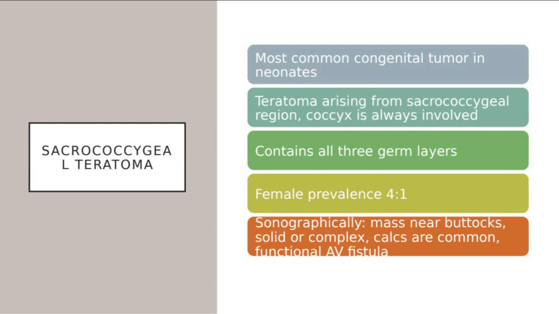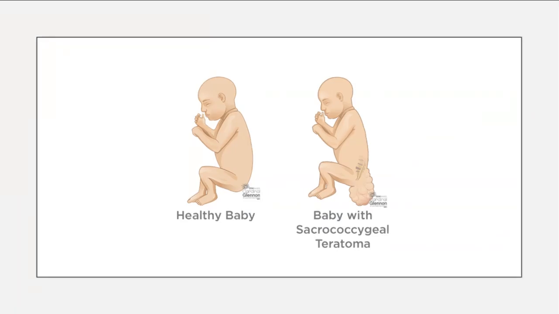And then we also have a functional AV fistula. So sometimes it can affect the vascular supply of the baby's lower legs, and it can also affect the baby's bowel movements. So we could have an anal fistula as well with these babies. So something that we need to be aware of, especially when we're diagnosing this in utero, because this is something that we can plan for shortly after birth.